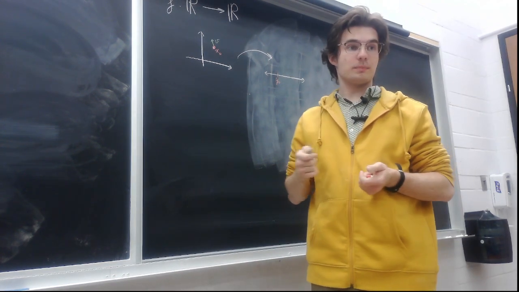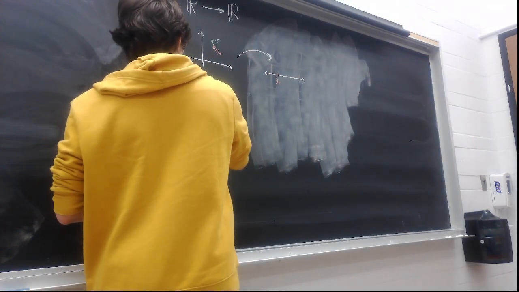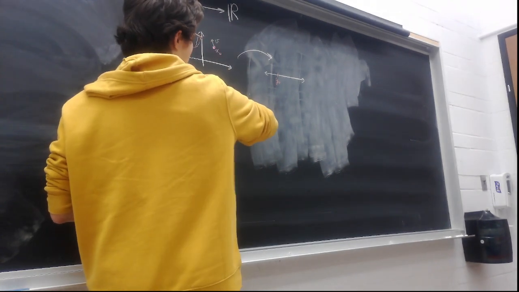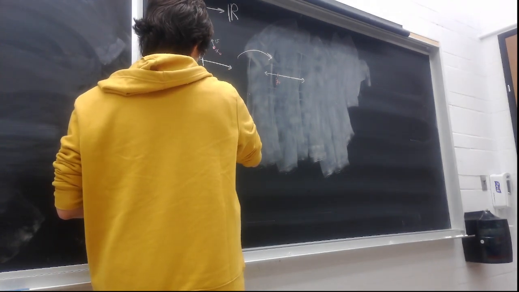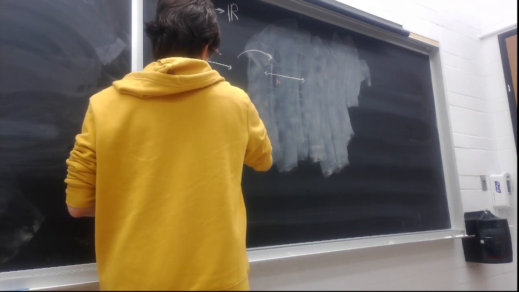And so what can I do? Now, I can think of f of x. Suppose v has length 1. I can think of f of x plus, say, epsilon v.